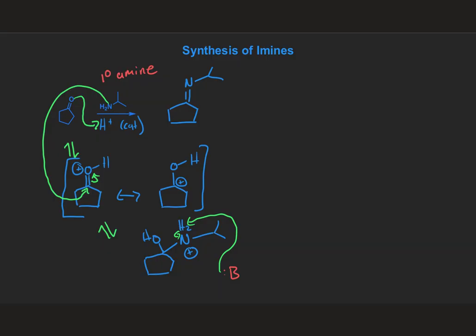And so initially that produces the neutral intermediate, where we have a neutral oxygen and a neutral nitrogen in this amine.